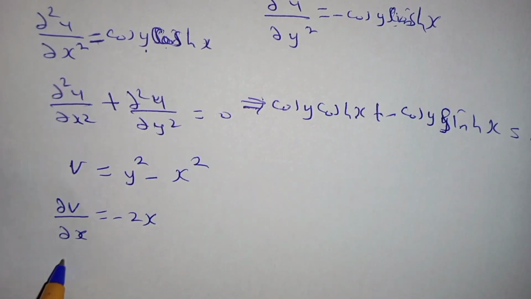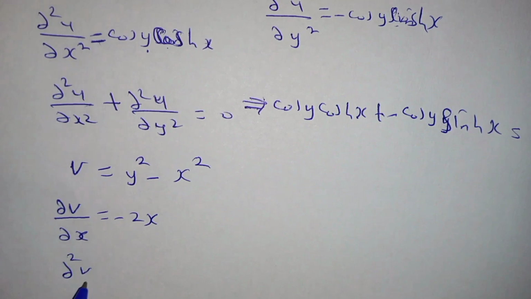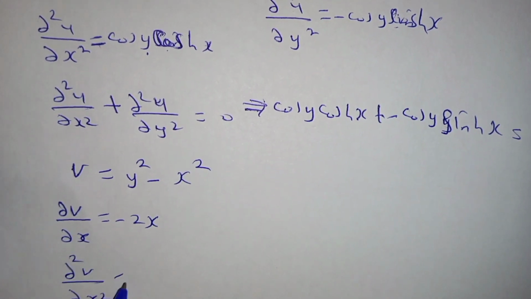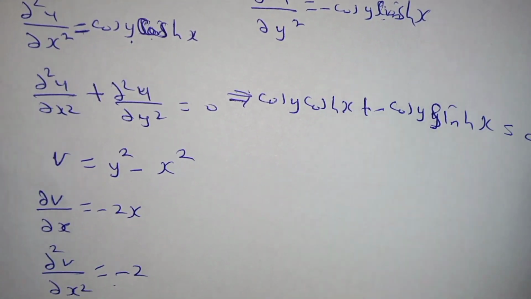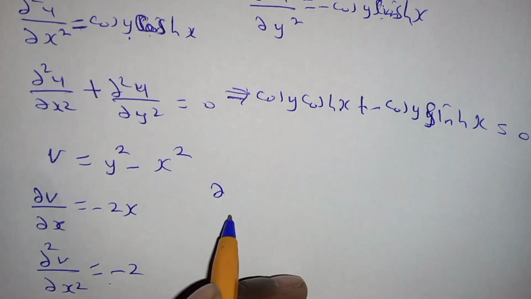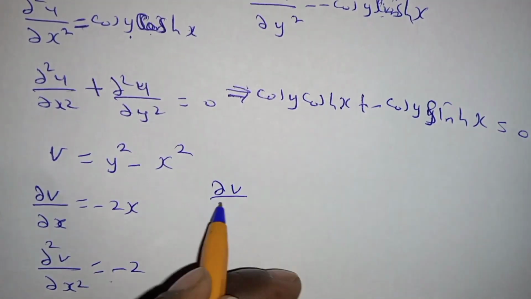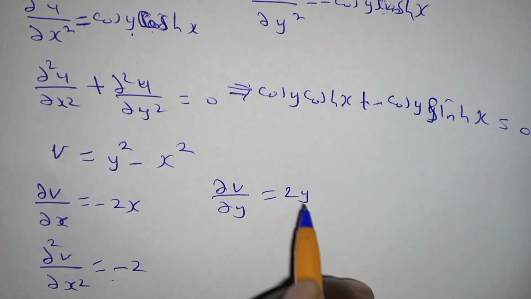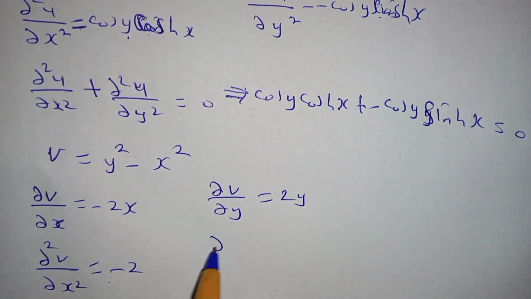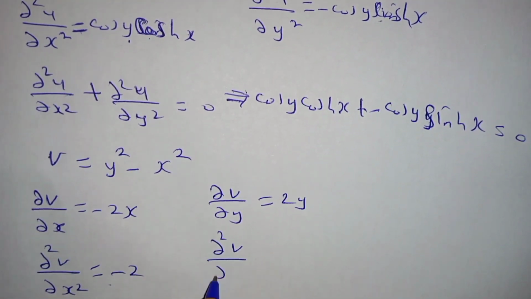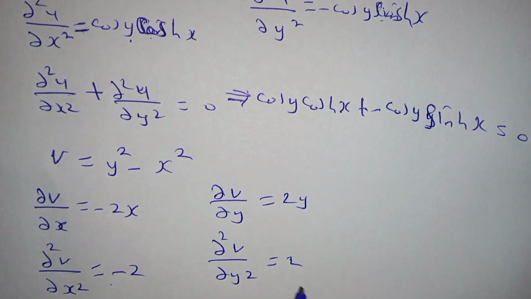Then the second derivative of v with respect to x will give you negative 2. Then you obtain the partial derivative of v with respect to y, which will give you 2y, and the second partial derivative of v with respect to y, which will give you 2.